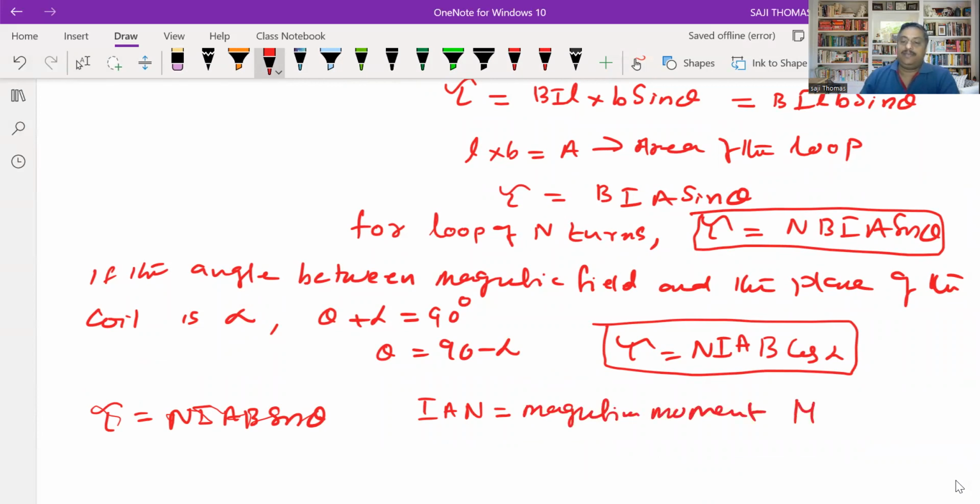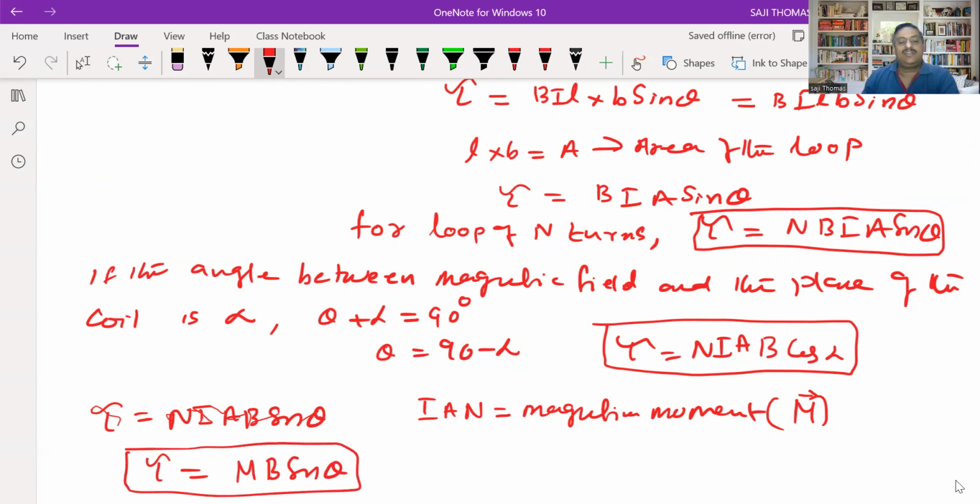We denote by capital M. It is a vector quantity. So we can write torque equals M B sine theta. Okay. In vector notation, torque equals M cross B.